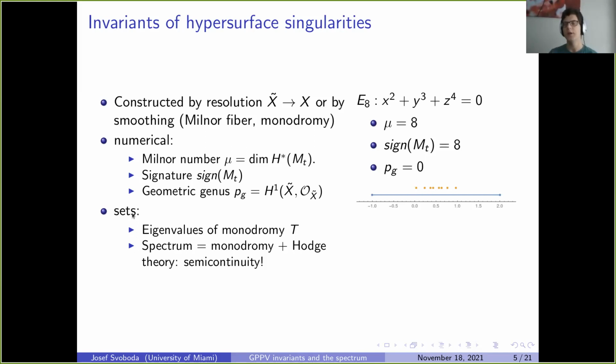Those are not just numbers, but sets of roots of unity or sets of rational numbers. One such set is the eigenvalues of monodromy, as I already mentioned. This gives us a set of roots of unity because all the eigenvalues of monodromy are roots of unity. This is another theorem of Milnor, I believe. So we can take these eigenvalues.